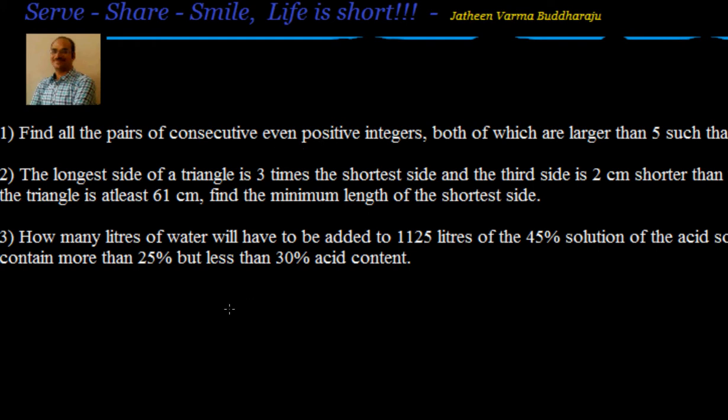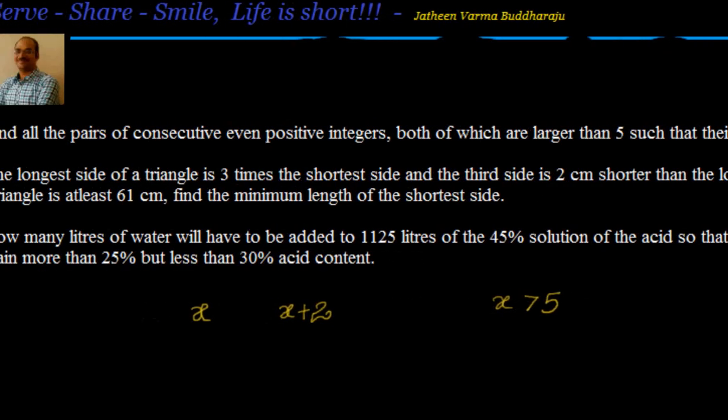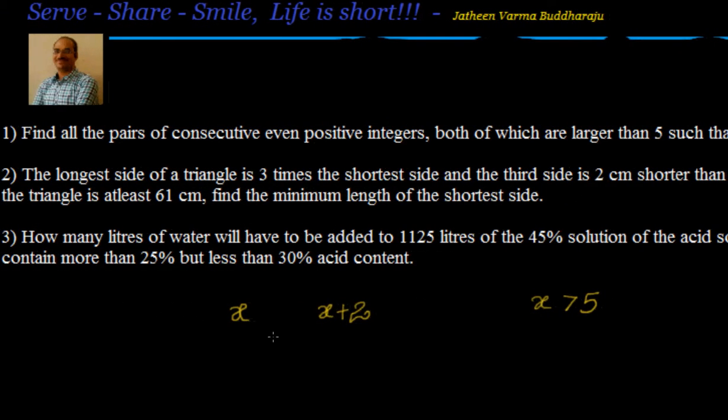So if I take one integer as x, its consecutive even integer will be x plus 2, and both of which are larger than 5, so I know x is greater than 5. And also we have been told that the sum of these two should be less than 23.